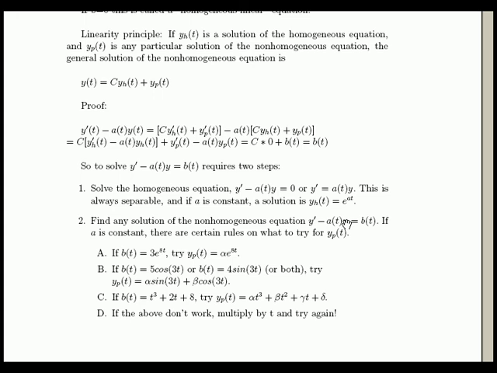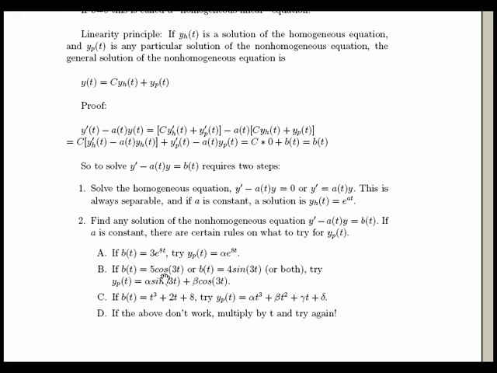A is a constant, y is a multiple of e to the 8t. Put the two together, you get a multiple of e to the 8t, and hopefully you can adjust the constant alpha so that gives you the 3 there. And we'll see an example. And so if the right hand side is e to the 8t or e to the 10t or e to the minus 5t, then you try alpha times e to the whatever t.